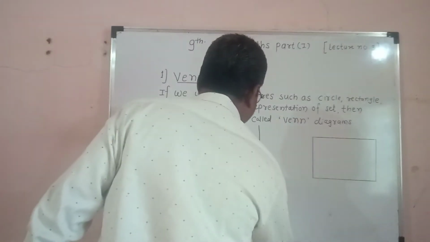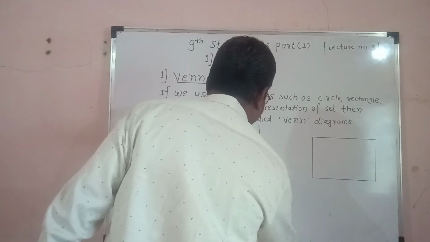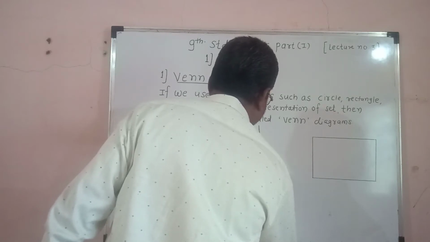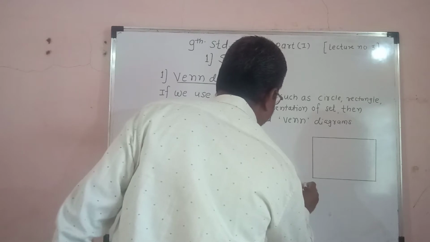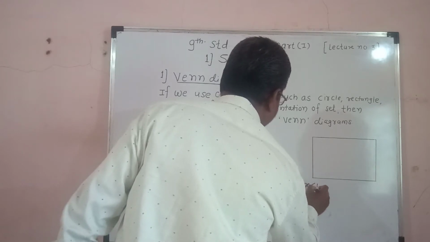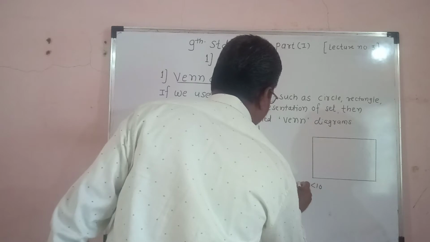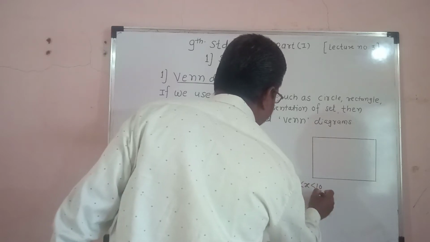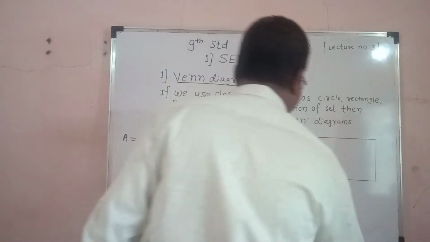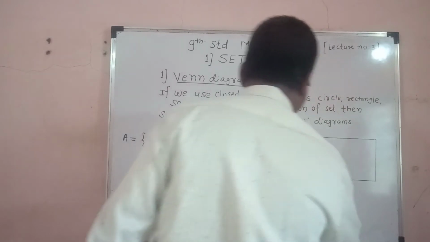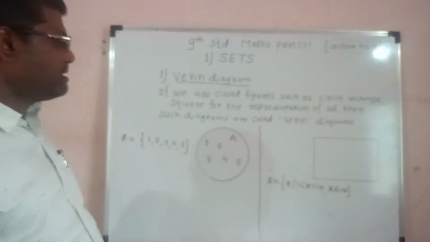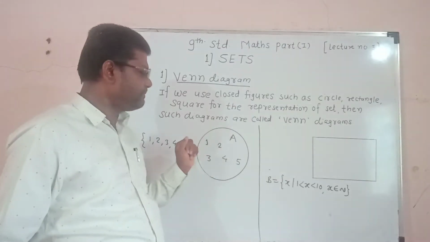Suppose B is a set of all x such that x is less than 10 and greater than 1, and x is a natural number. This set is written in set builder form.